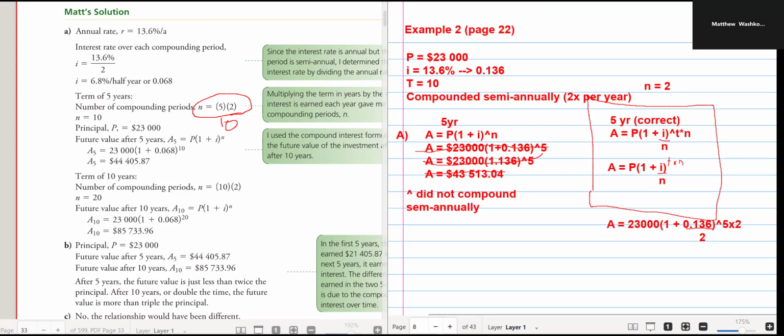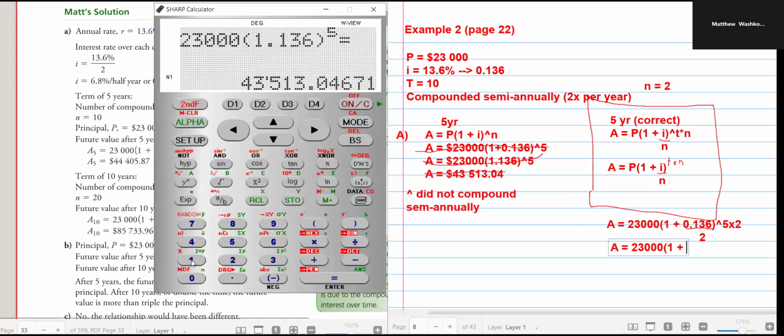So just like before, I'm going to simplify this before I start calculating. $23,000. So 1 plus, how do I do a fraction? If you have the calculator that I gave you last time, it's this little button here, this A over B button. Always keep your stuff in fractions, guys. If you can, keep it in a fraction.